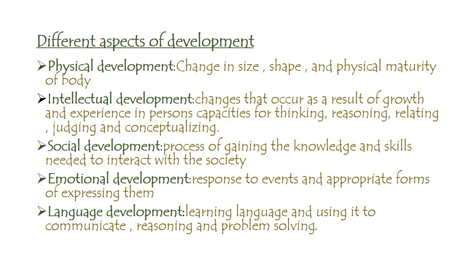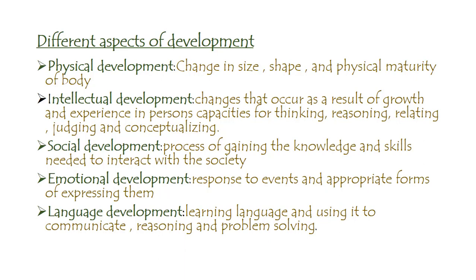When coming to social development, it indicates the society. The skills which a child requires to behave in society or to be accepted by society is nothing but social development. Next, emotional development: responses to events and appropriate forms of expressing them.